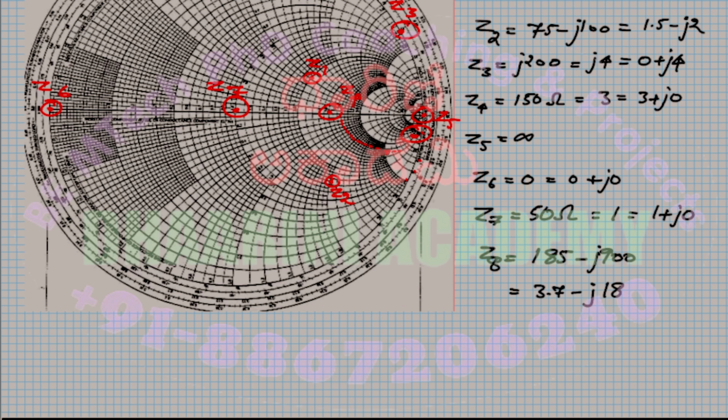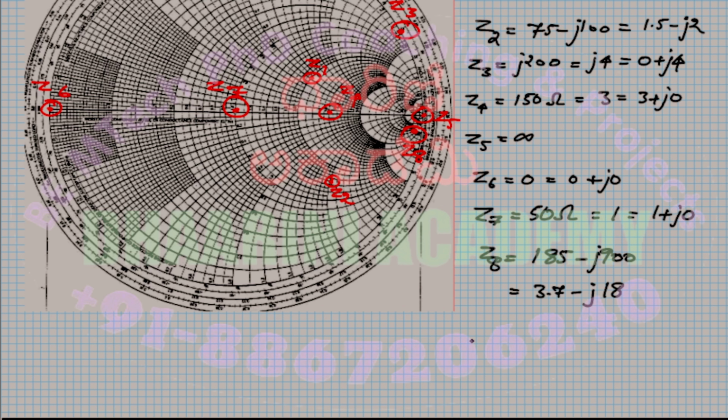If we are able to see that this graph is not very clear, right? So I'm just giving you an approximate position of the point. So approximately this comes somewhere over here. Somewhere here we might get the point, that is Z8.